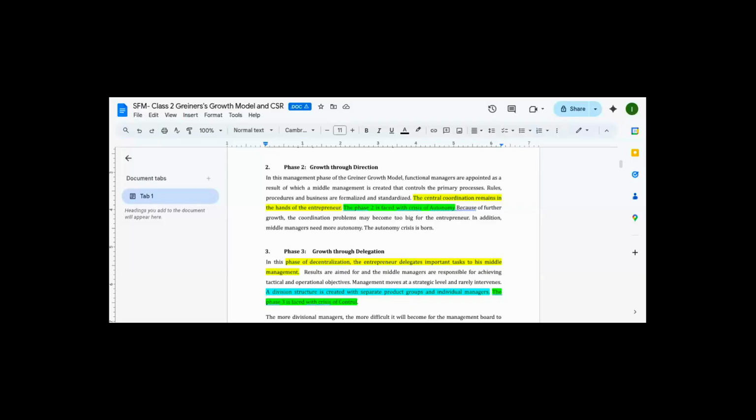We are now assigning duties and portfolios to some of our staff and newly recruited staff. So functional managers are appointed, as a result of which a middle management is created that controls the primary processes. So all these primary processes have now been delegated. It's not the owner or the MD that will be running up and down to do everything.